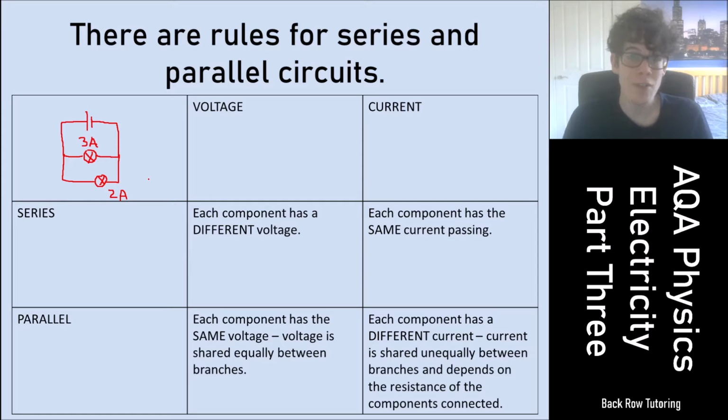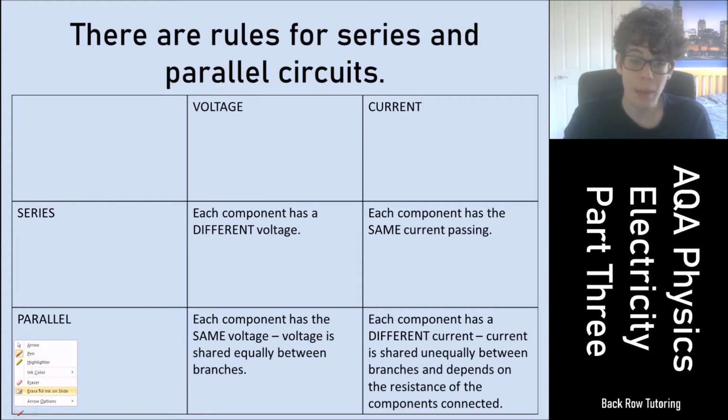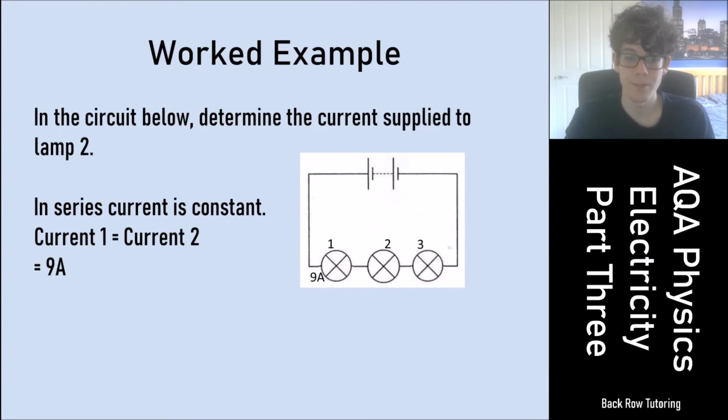So if you have a high resistance, the current will go down. So if this bulb has a higher resistance, it'll have a lower amount of current going through it than a bulb of a lower resistance. So in parallel circuits, there may well be a difference in the current depending on which branch you are in, and that's all dependent upon the resistances of those components.